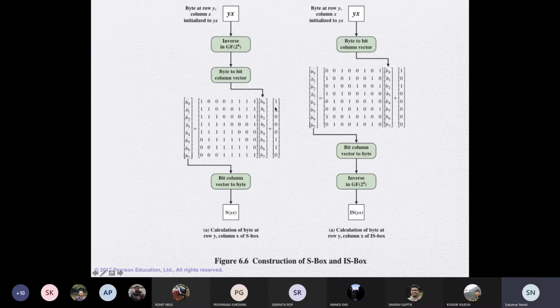To avoid that, a constant term is added, that is 1 1 0 0 1 1 0, and as a result we'll get something different here. So 0 will not map to 0, and because of this the opposite scenario also does not come up.